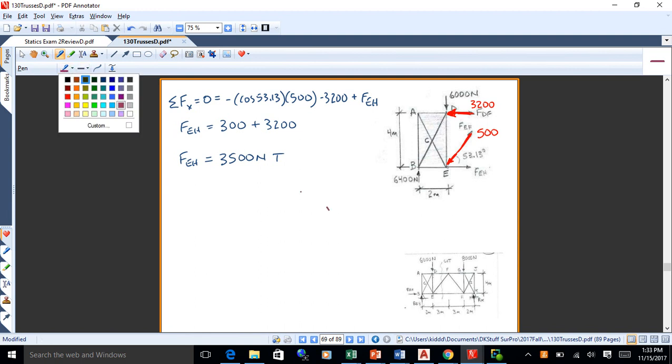Method of sections is how you always do trusses. If you do method of joints, your section is a particular joint. Here, I'm not doing a particular joint. I'm using a piece of a truss as what I'm cutting free. All right, so we good with that? That's the basics of this method, to do it in that way.